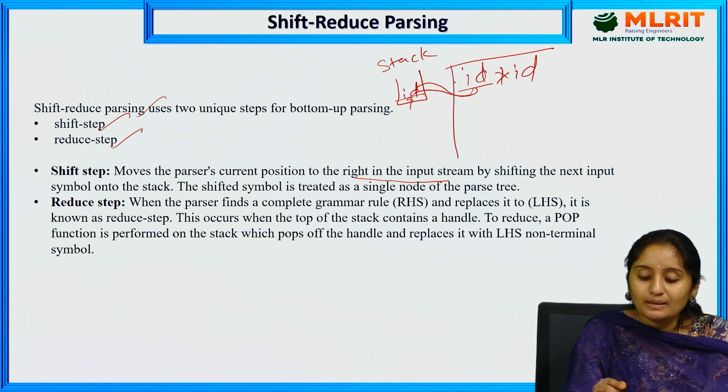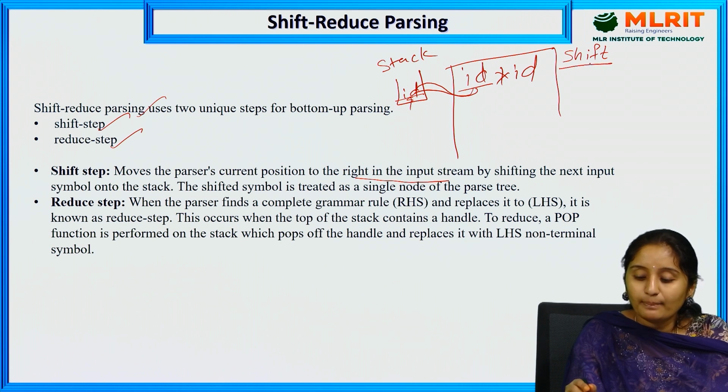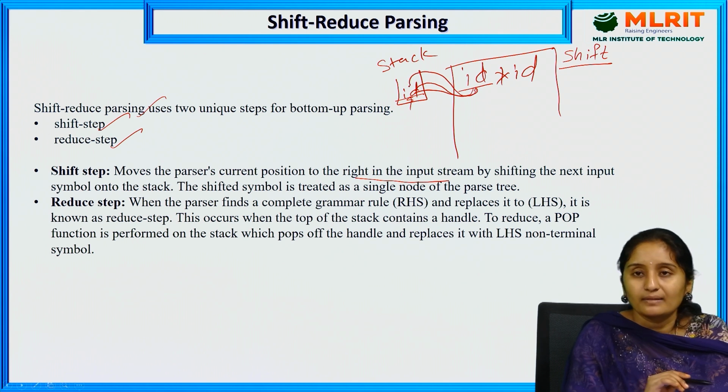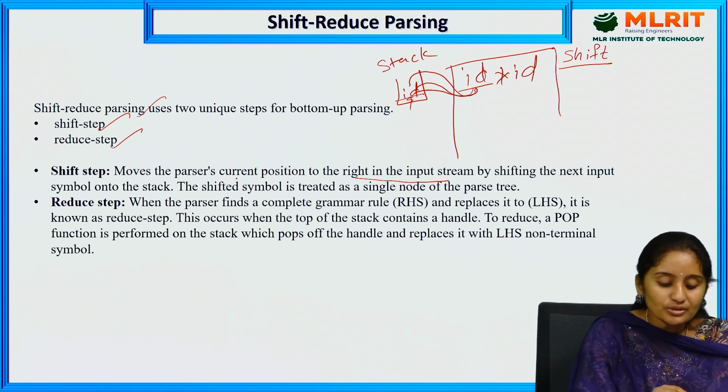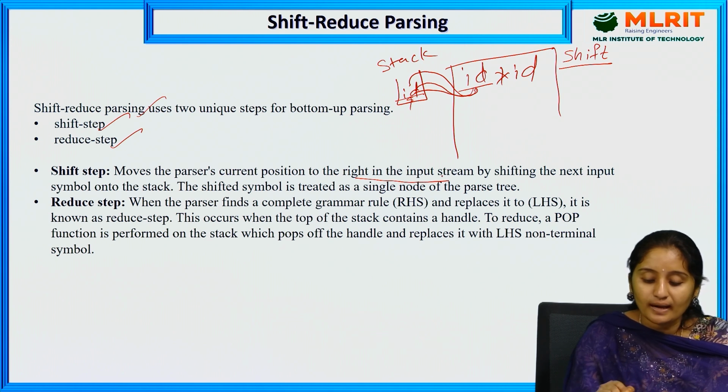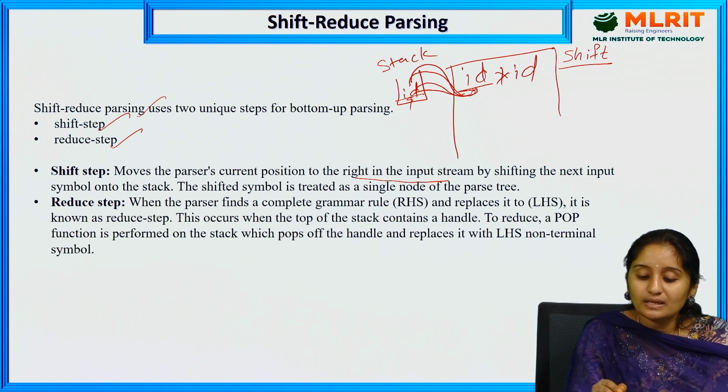So we apply the operation shift: from the input stream, one input is moved onto the stack. The parser's current position moves to the right in the input stream by shifting the next input symbol onto the stack. Now the cursor is at the start symbol, the input is moved onto the stack, and next it moves the cursor here.